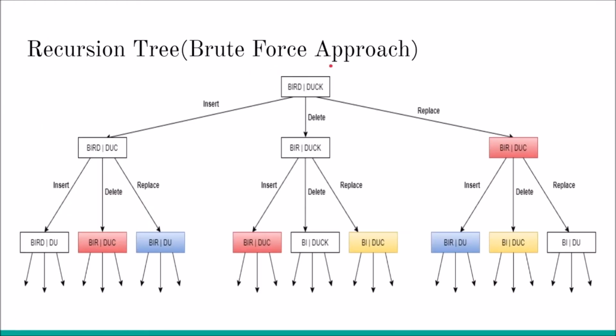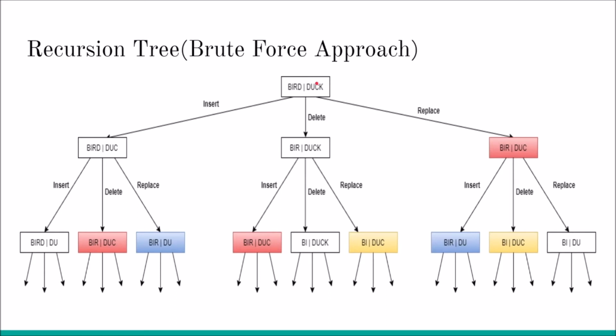Now, if we want to solve this problem in a brute force manner, what we can do is follow the greedy approach, and that is we divide this problem into small sub-problems and then find solutions for these sub-problems. And we will finally choose the solution that requires the least number of steps, which is the optimal solution. In this case, which would be the minimum number of steps required to convert this string into these strings.